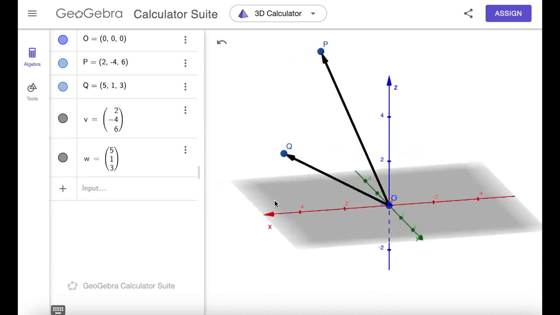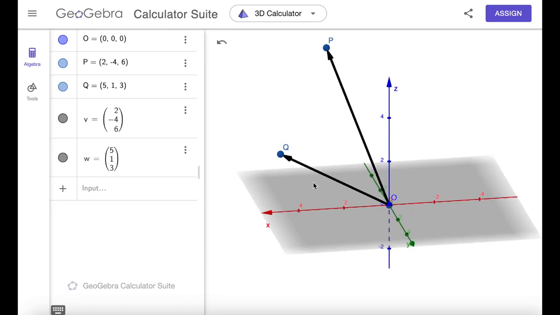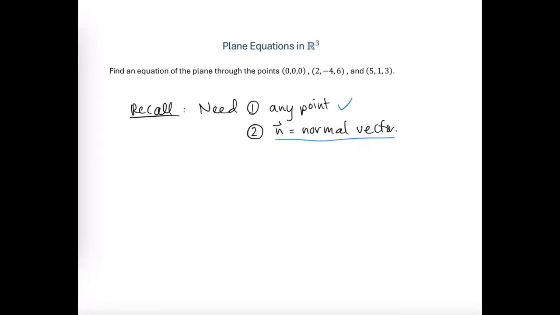And once I have two vectors in the plane, I can really just take the cross product of these two vectors. The cross product of any two vectors is going to be perpendicular to those two vectors. So that perpendicular vector can be used as the normal vector that would also be perpendicular to the plane that contains these two vectors.